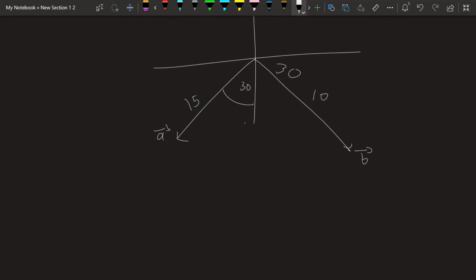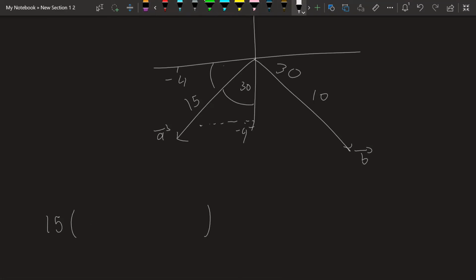Let's draw this. A is in the third quadrant. That means the x value and the y value are negative, right? This is -4, for example, and this is -4. The y and x values are negative. So sine 30, actually, so I won't confuse you, we're just going to keep it as cosine.